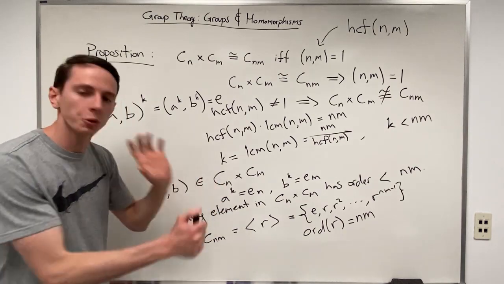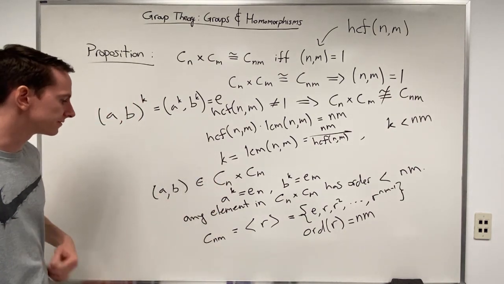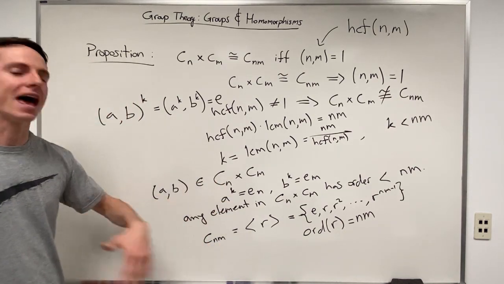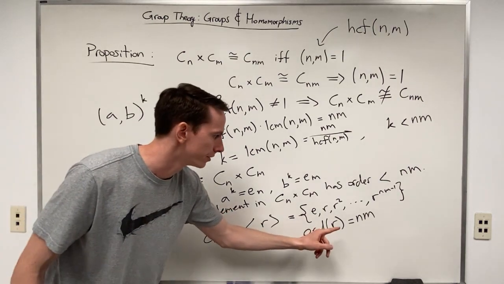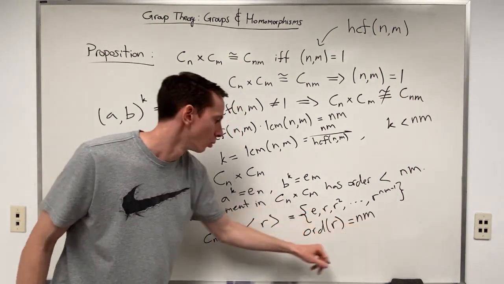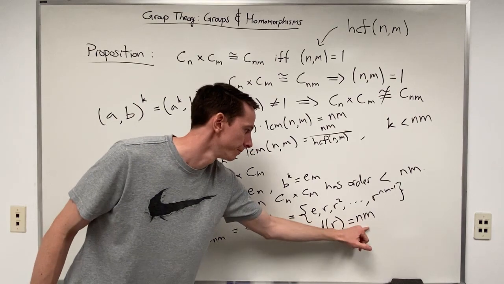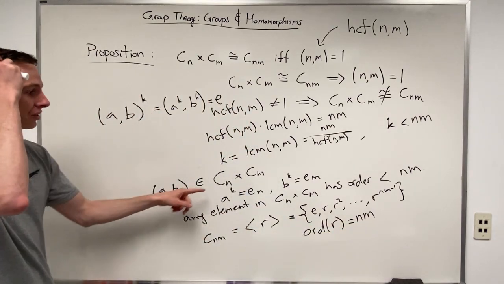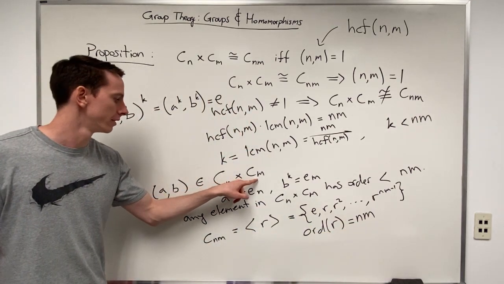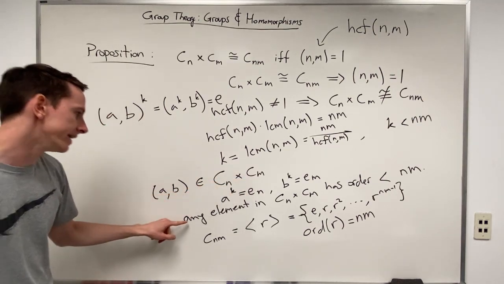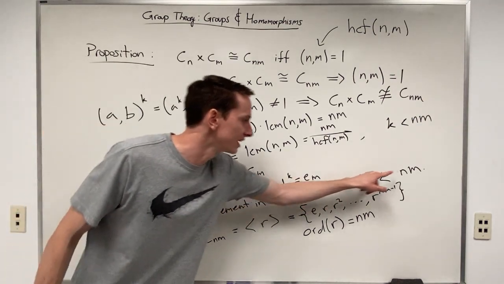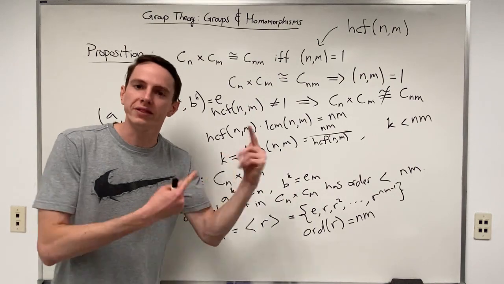Now this is where we can put the pieces together. Because if C_nm has an element that has order n times m, one of its elements has this order. And we're saying that in this group, Cn × Cm, any element in this group has to have an order less than that. There's no way they can be the same group.